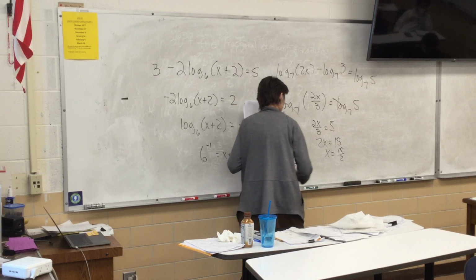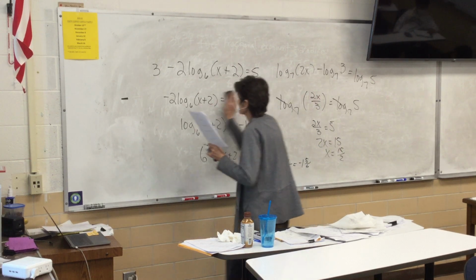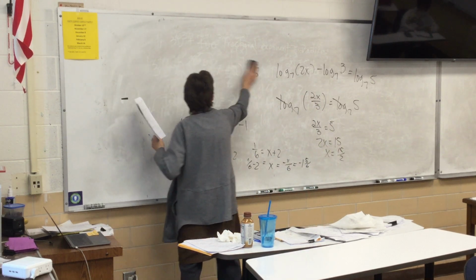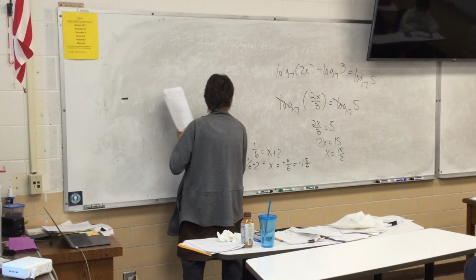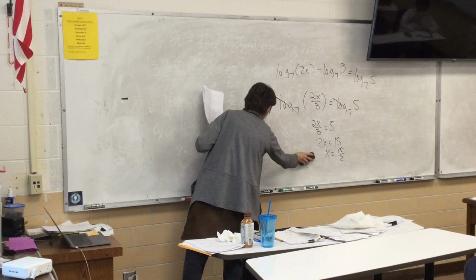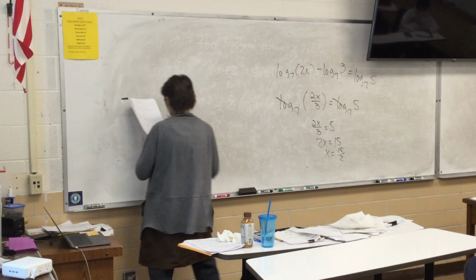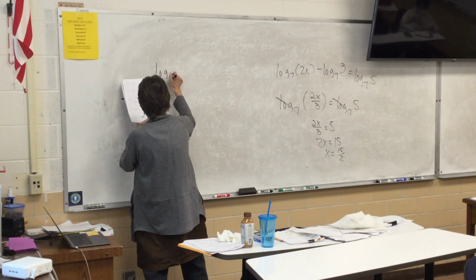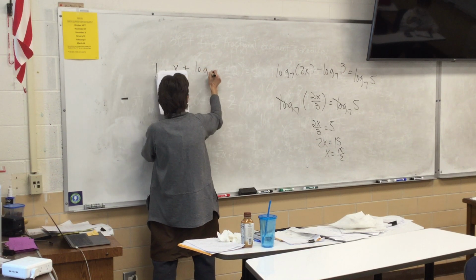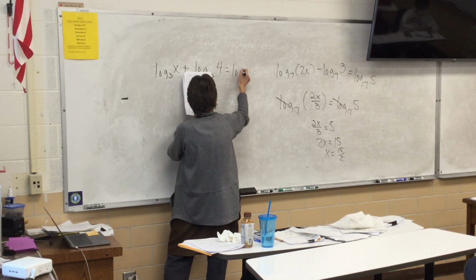All right, let's try one more of those. What about F? You've got logs on both sides, so you know eventually you're going to drop them out, but not yet. What are we going to do first? We're going to multiply 4 and x.